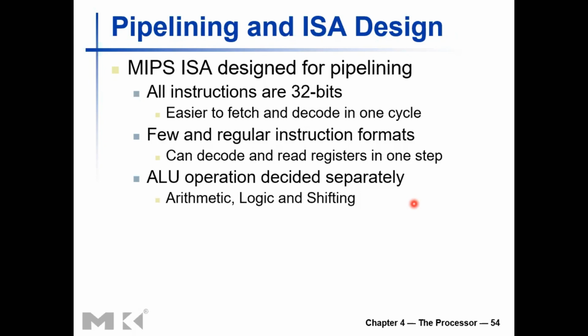So that is why the funct field is split into a separate field rather than make it part of the opcode. If we include the funct field in the opcode, then we have to have many more different opcodes. So the field used for opcode becomes larger. That will consequently complicate the decoding circuitry. So by splitting the funct field away, we have made the decoding circuitry very simple.